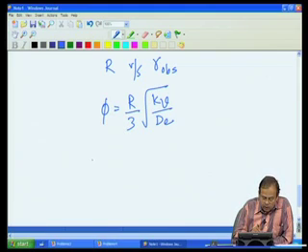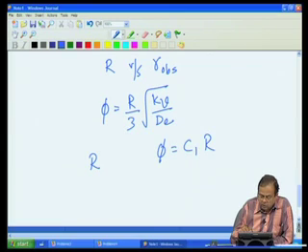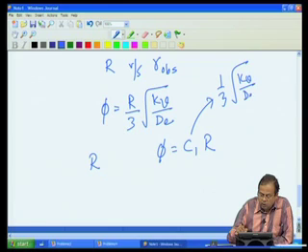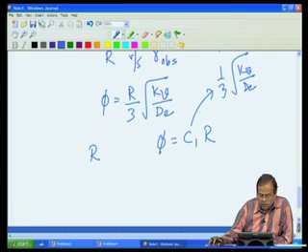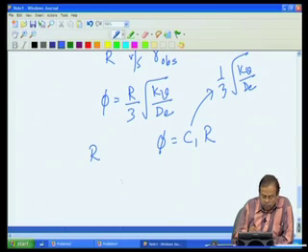So, I know radius, which according to this, our phi is some constant C1 times radius. What is this C1? C1 is nothing but 1 by 3 square root of kV into dE, some constant. Now, what is our observed R?